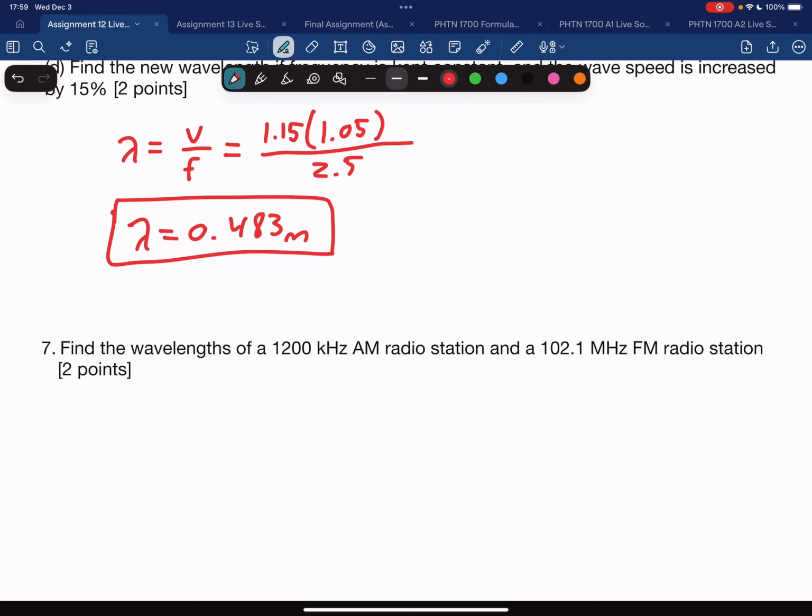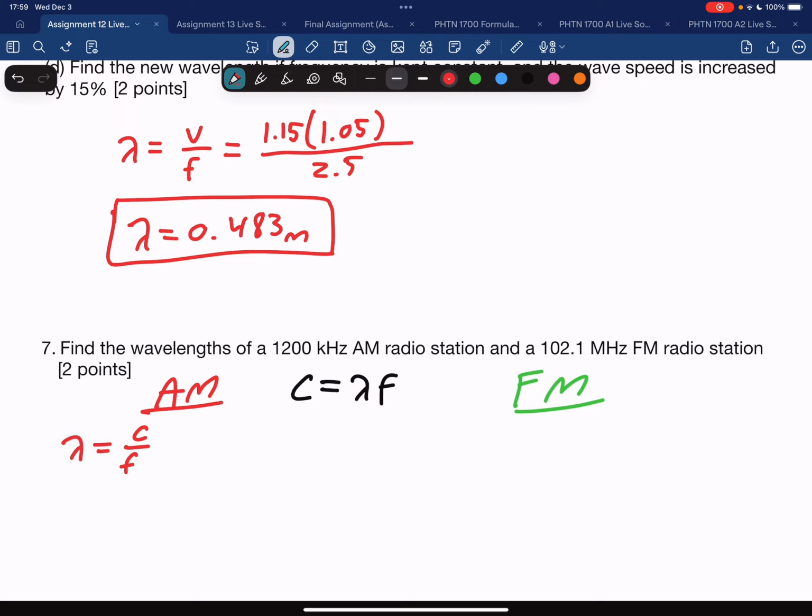So I will do AM over here, FM over there, AM first, using the wave equation slightly rearranged for light. The wave equation for light is just that the speed of light is equal to the wavelength times the frequency.